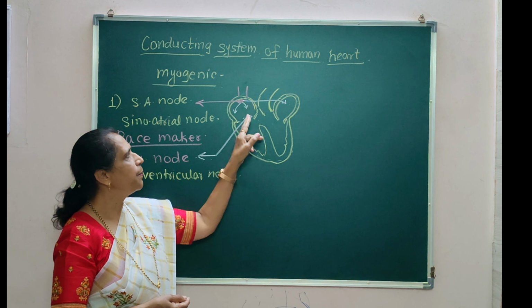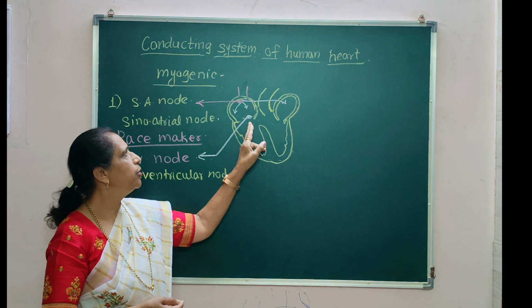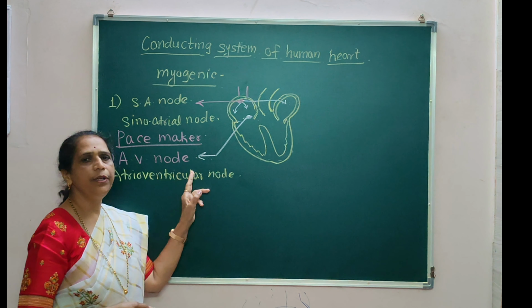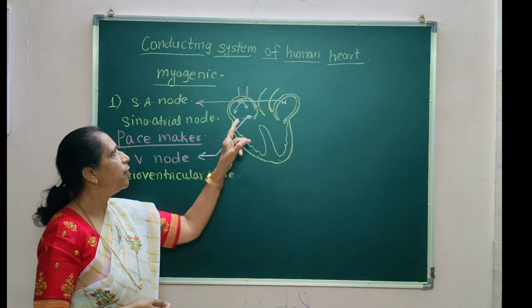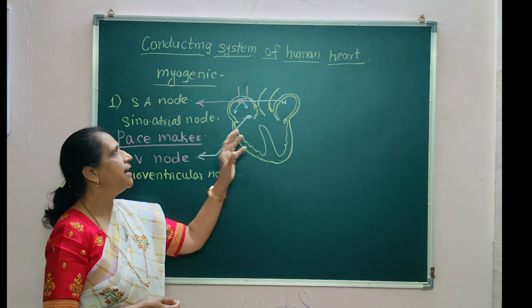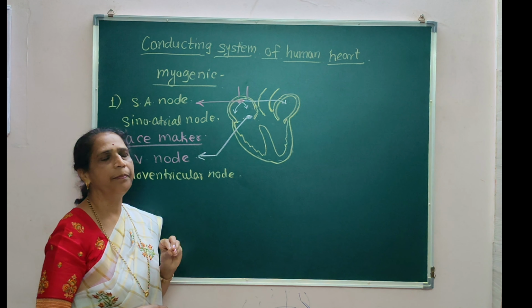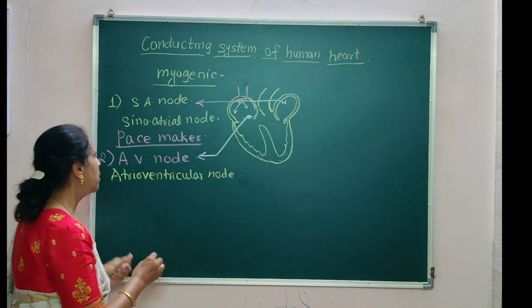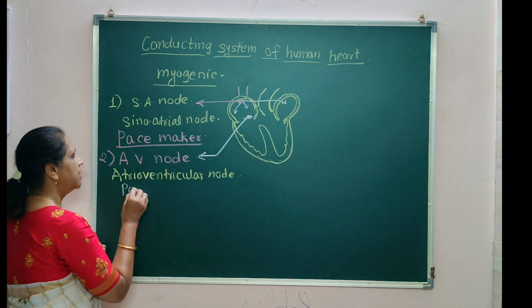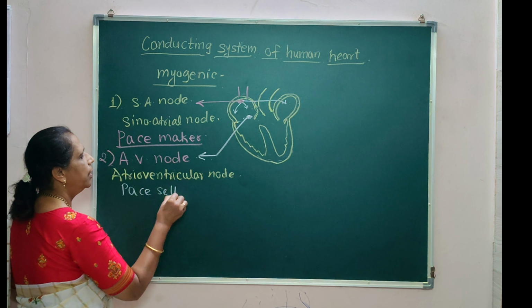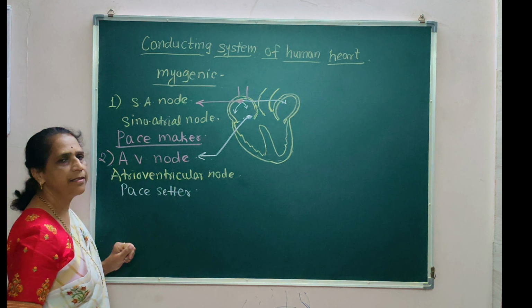These nerve impulses then pass to the AV node. The AV node picks up the impulses from the SA node, holds the impulse and sets it. So it is also known as the pace setter.